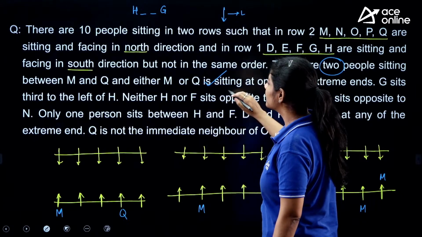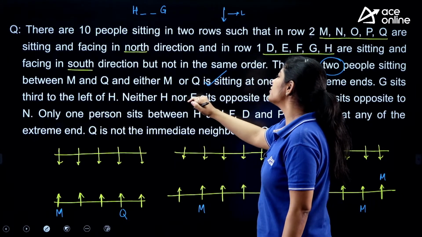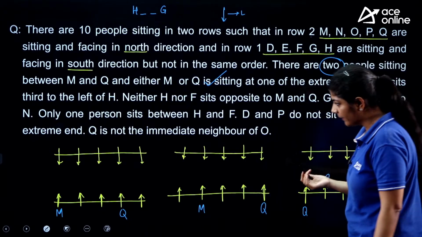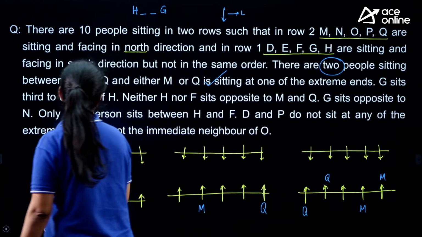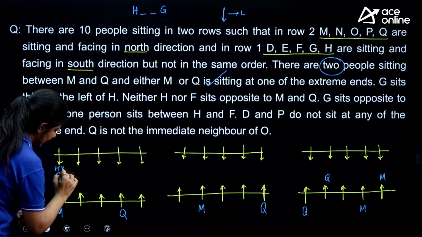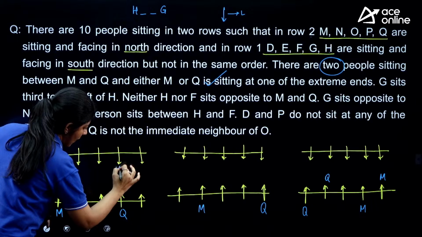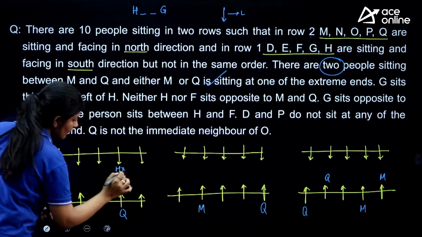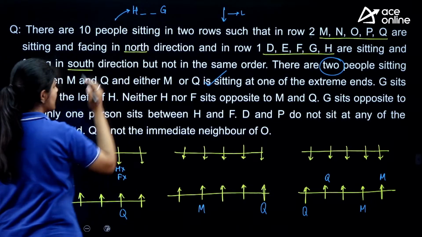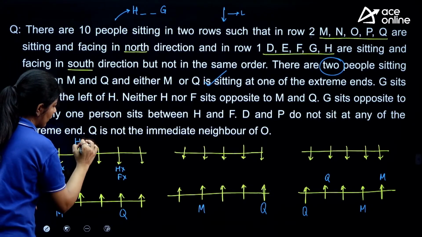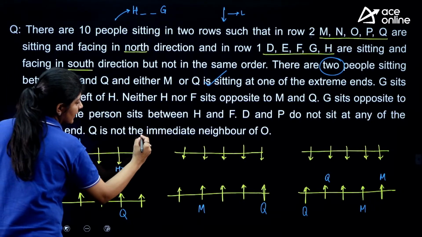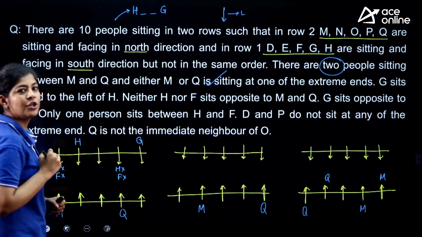Next, neither H nor F sits opposite to M or Q. So here we are not going to put either H or F, so we can simply eliminate this. Having this condition, if I put H over here, then first left, second left, third left, we need to put G over here.